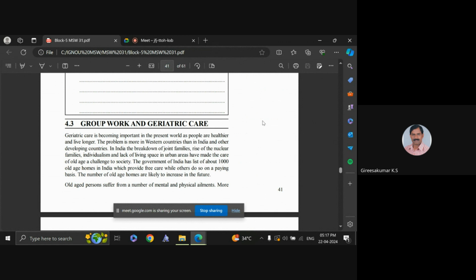It is a pity also, to take care of the parents, the children are directed by the police and the courts. So it is a very sad state of affairs.